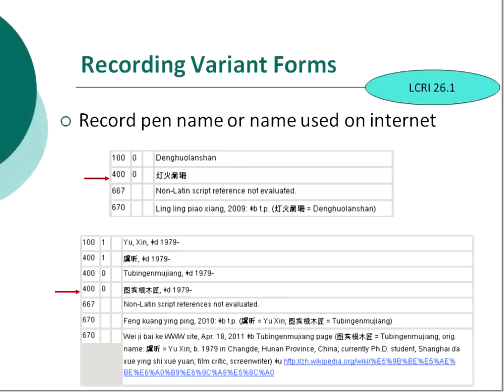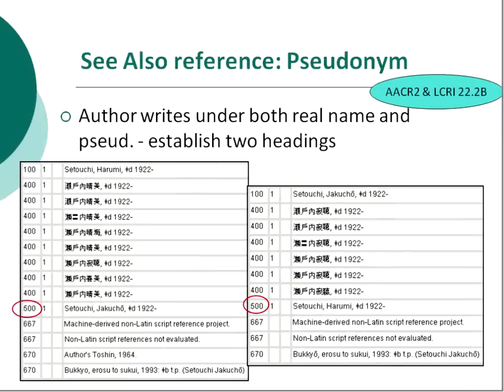So in this case, when that name became available, or you are aware of the other name from a source that you have checked, you should provide a cross-reference from that pen name. So these are treatments for various names that you might be dealing with in the publications that you are working with.